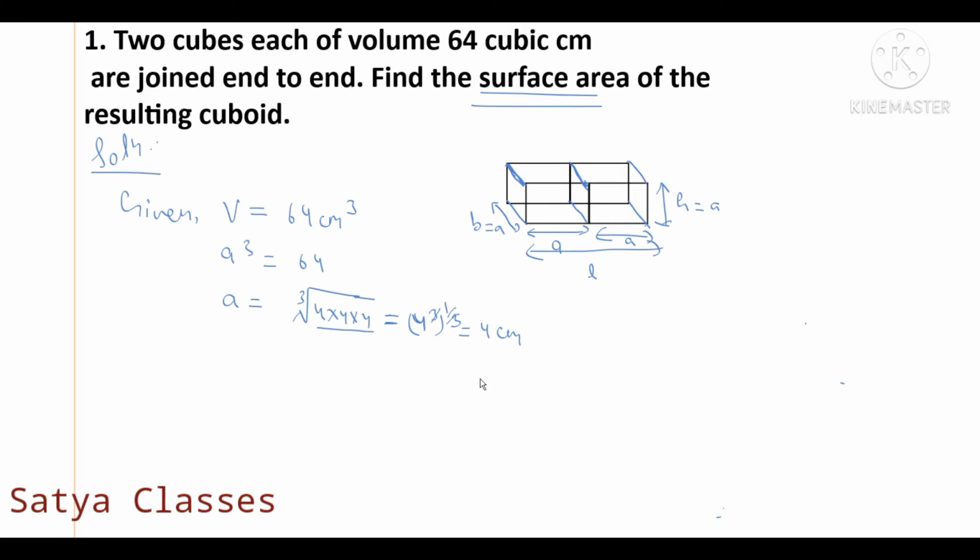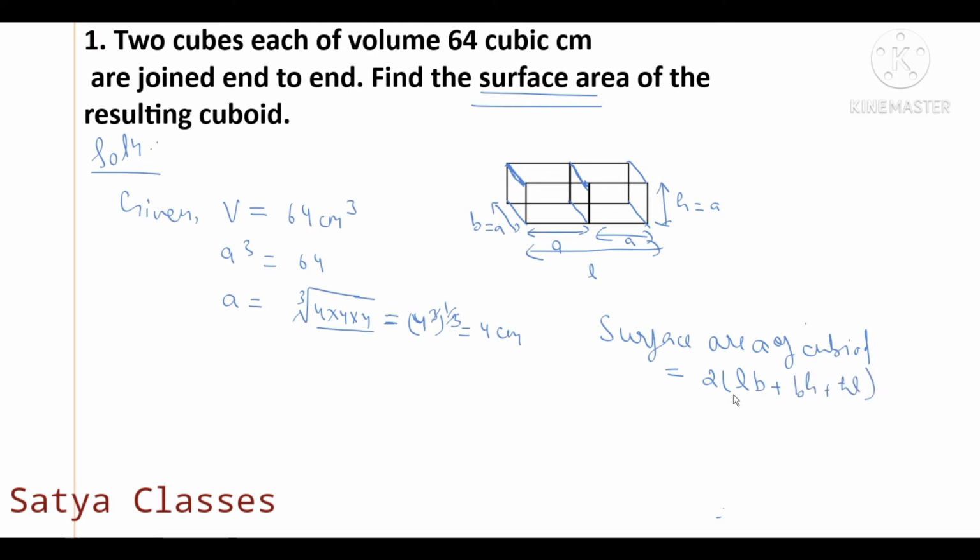Now I have calculated A, so let's apply the formula for the surface area. Surface area of cuboid equals twice of LB plus BH plus HL.